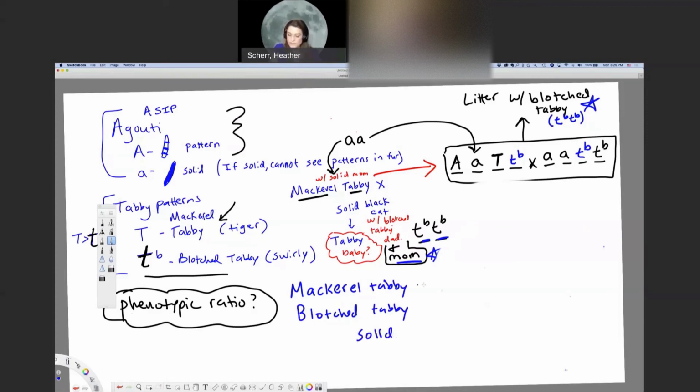We know that these 3 different phenotypes come about through the presence of 2 genes, which each have 2 alleles. That's why I like to draw this out. So basically, you're looking for what A's do they have and what T's do they have. I'll let you take a second.